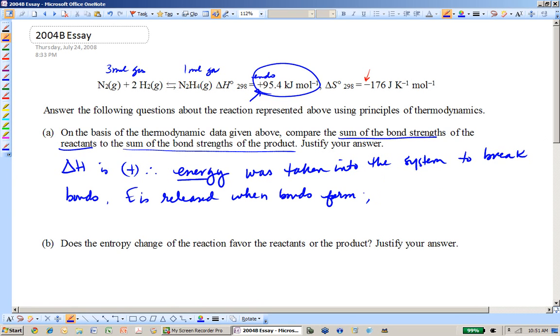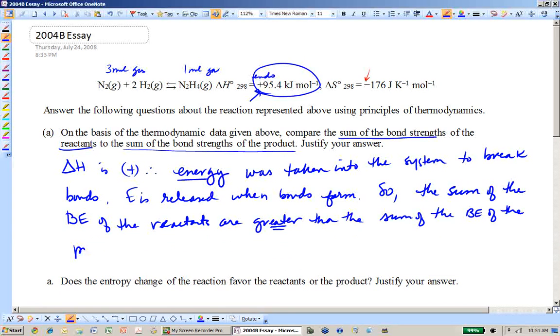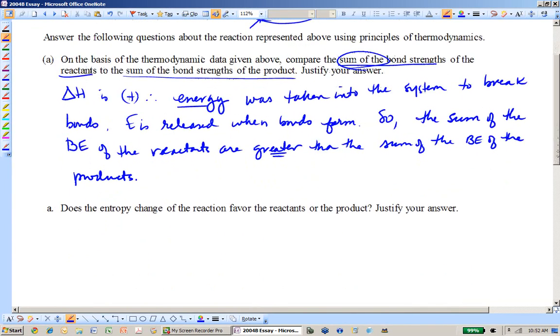So I'm going to put a period there and start a new sentence. So the sum of the bond energies of the reactants are greater than the sum of the bond energies of the products. All right, because that's what they asked me to speak of, the sum of the bond strengths. I used energies, but same thing.